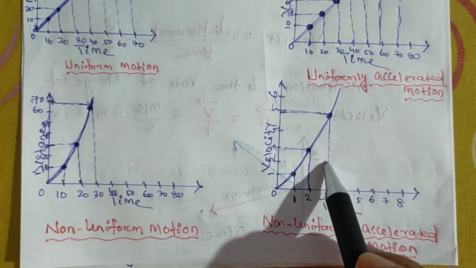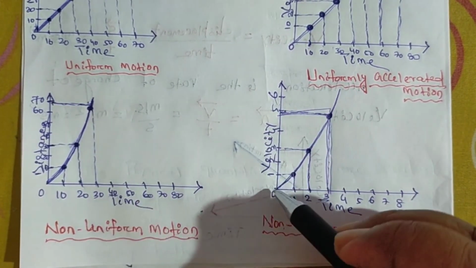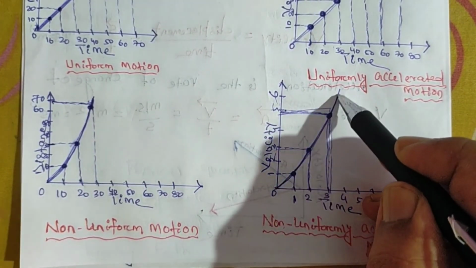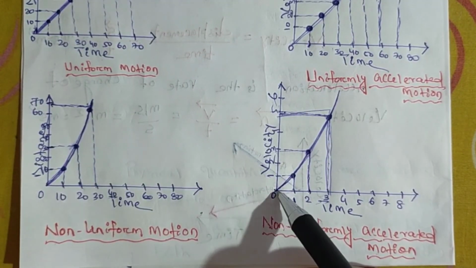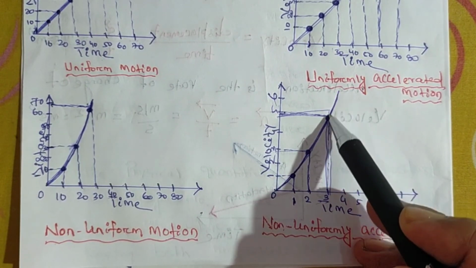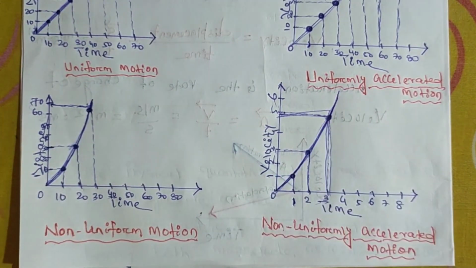In 3 seconds it covers the distance 5 kilometer. In this case, the graph will be like this. In case of a non-uniformly accelerated motion, the graph will be like this. That means the body changes its position not in a uniform manner.